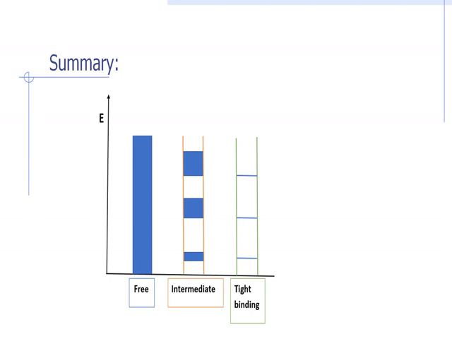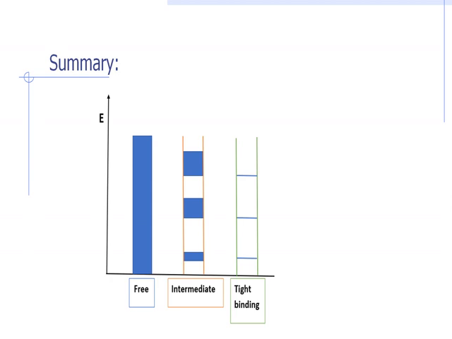As you can see in this picture, the width of an allowed band is increasing as you go up, where the energy is along the y direction, and the gap between the bands is getting less. Here it is more and here it is less.